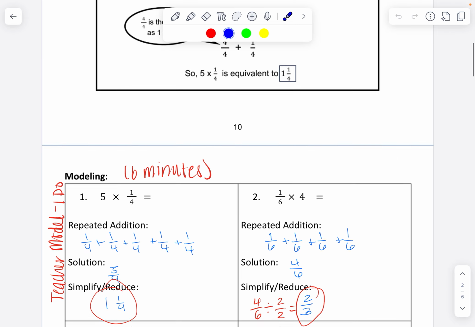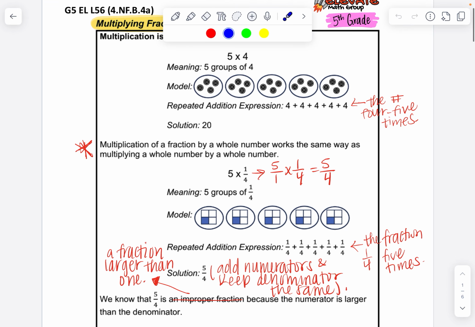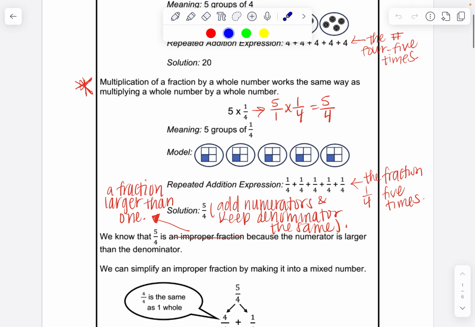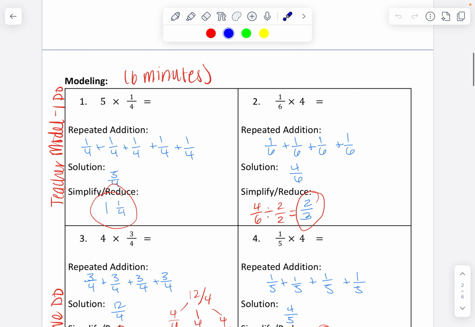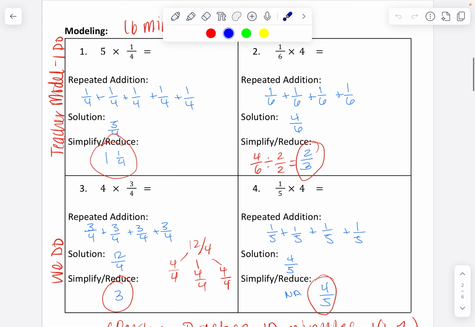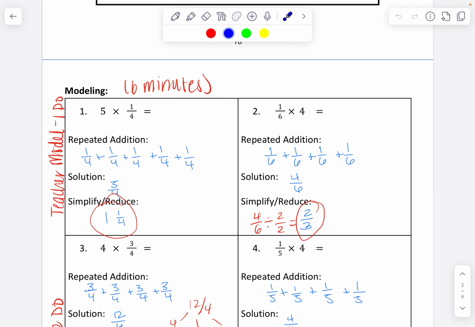So in this particular lesson, again, you should not have to go through this mini lesson up at the top because students have worked on this skill in their core classroom as well as in intervention in previous weeks. So you will jump into your teacher model, spending about 6 minutes on questions 1 and 2, paying particular focus to the simplification and the reduction.